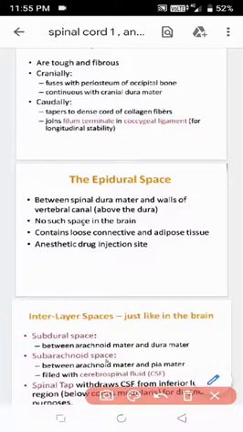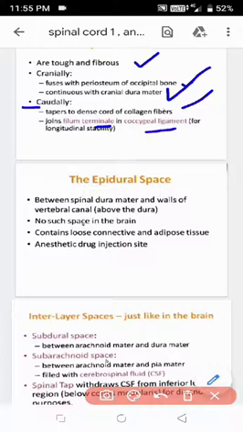See, these are tough and fibrous, cranially fused with the periosteum of the occipital bone, continuous with the cranial dura mater, and caudally it tapers to end as a dense cord of collagen fiber and joins the filum terminale in the coccygeal ligament.